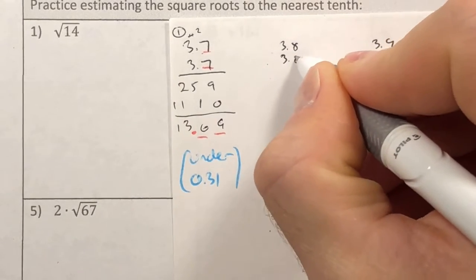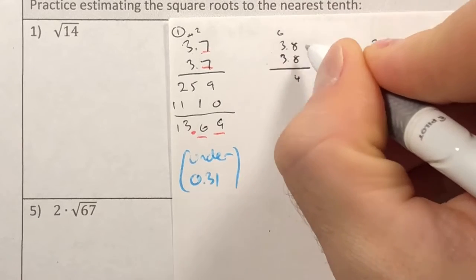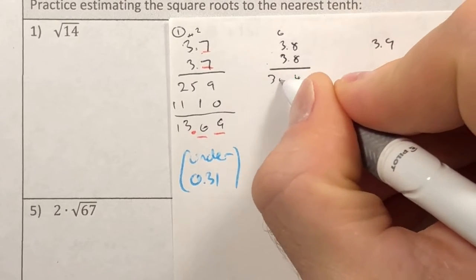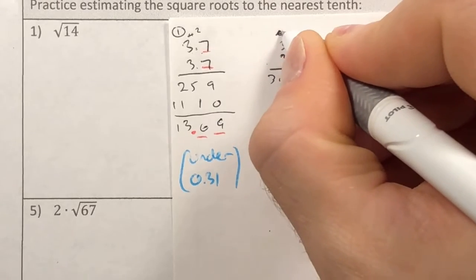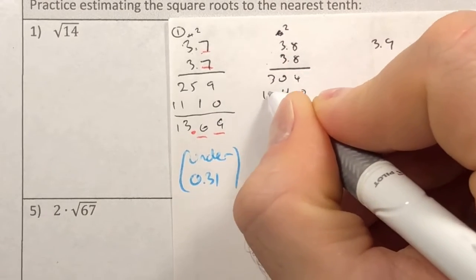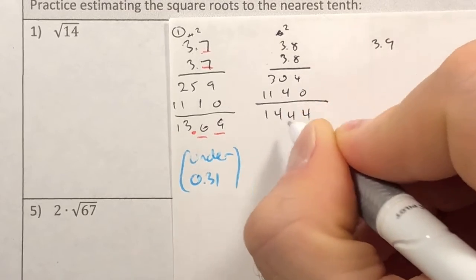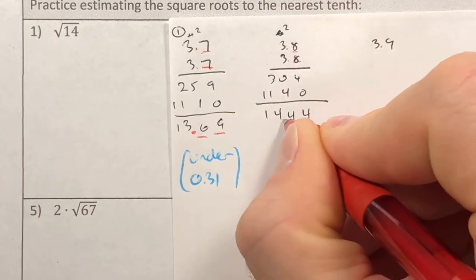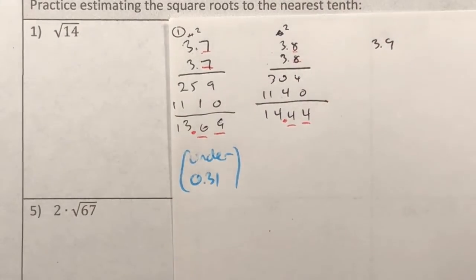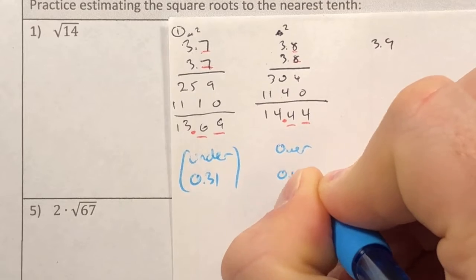So 3.8 times 3.8, I'll just do this again. 8 by 8 is 64, carry the 6. 24 plus 3 is 30, hold my 0. 3 times 8 is 24, carry the 2. That's 9 plus 2 is 11. 4, 4, 4, 1. I had 2 decimals in the original, 2 decimals in the final answer. I'm now at 14.44. This one is over by 0.44.